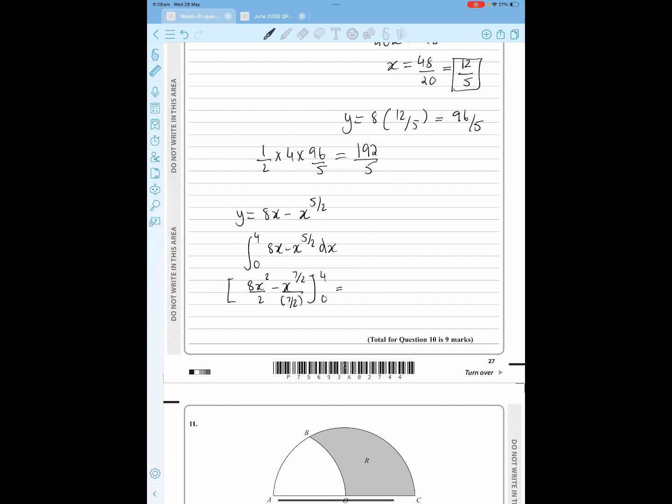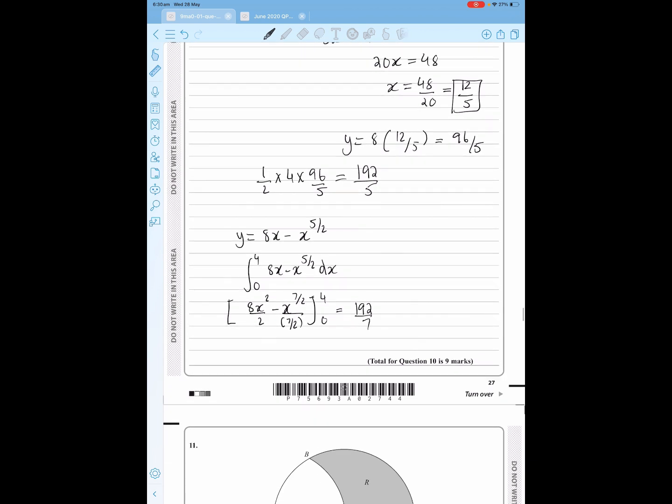When we plug in 0, it would be 0, and when we plug in 4, we would get 192 over 7 by only plugging in 4.